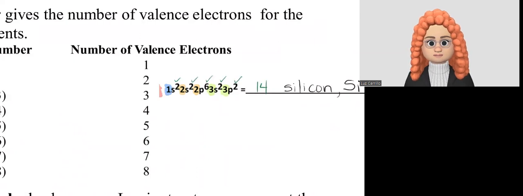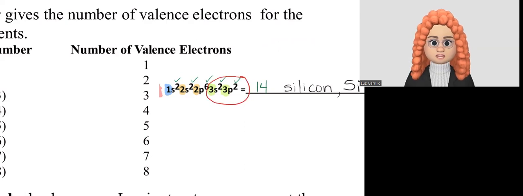So if I highlight those electrons specifically, I can see that if I add the superscripts, 2 plus 2, that means that silicon has 4 valence electrons.